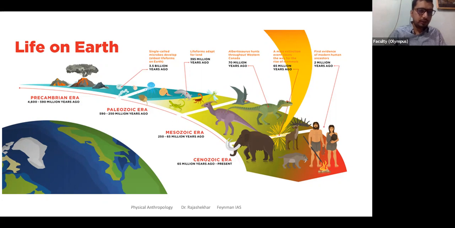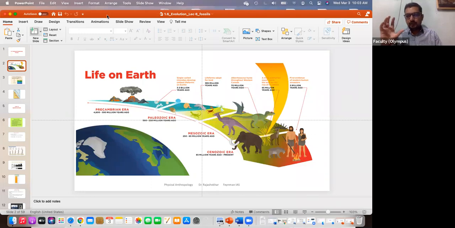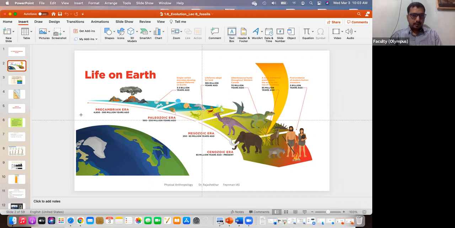Sometimes you even hear other words in the Precambrian era. Let me type that here. So era is a bigger unit, a bigger chunk of time. Sometimes you also hear these two eras as part of the Precambrian era: the Archaeozoic era and also the Proterozoic era.